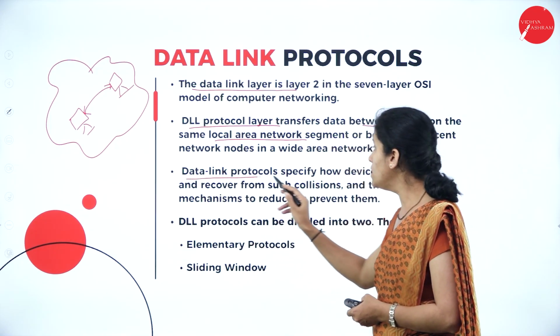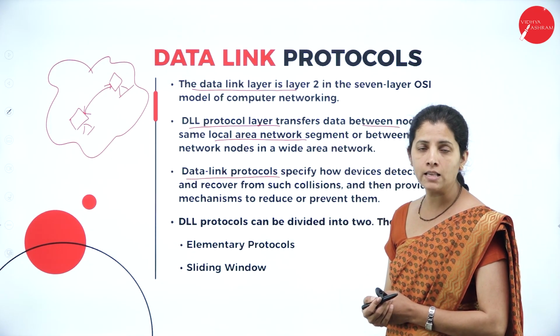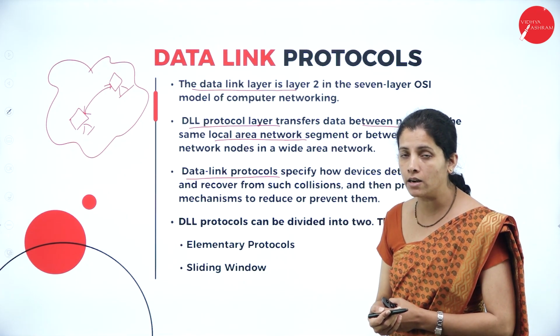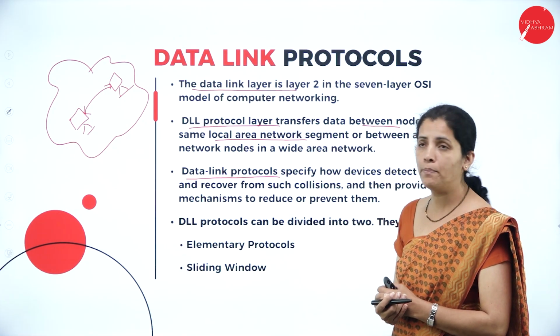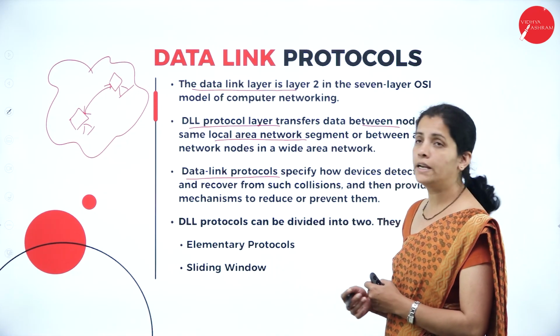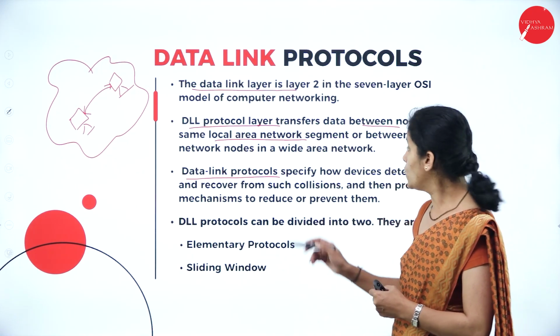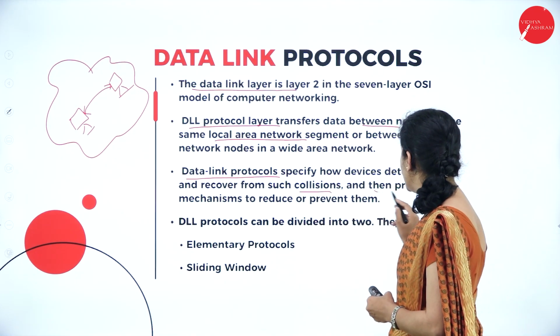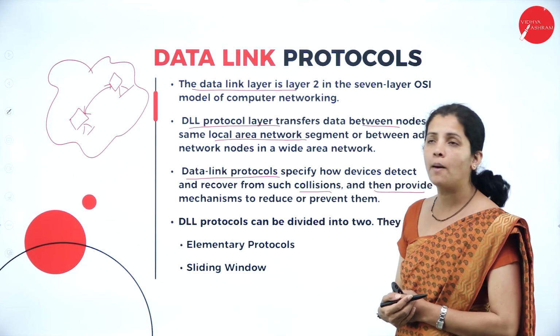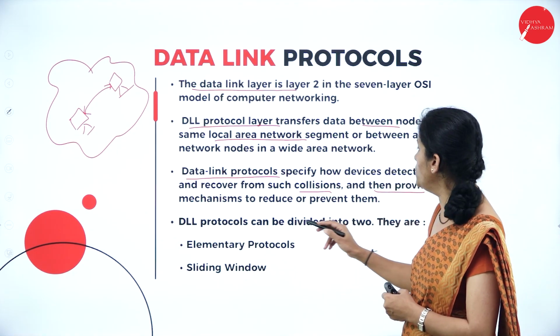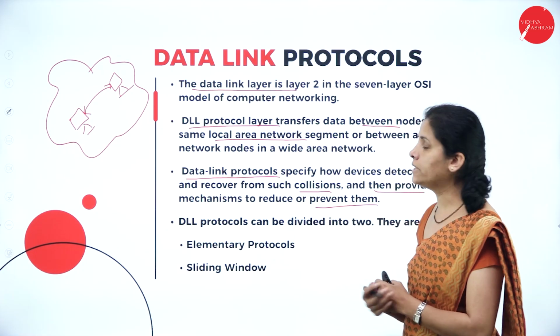This protocol also specifies how to detect the error and how we are able to recover the data from the collision, and it also provides the mechanism to reduce or prevent them.